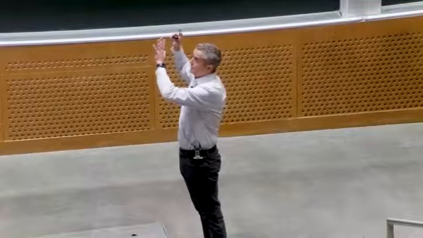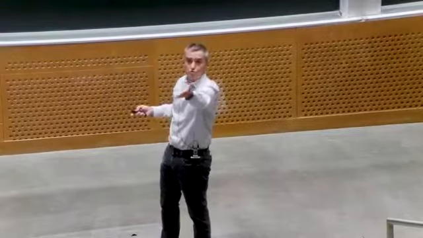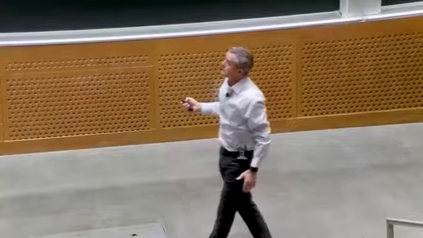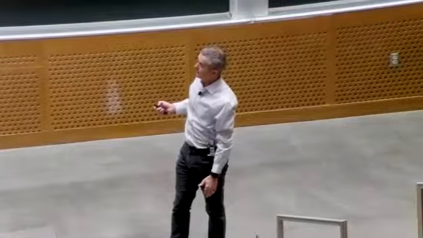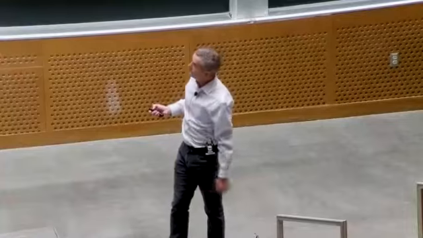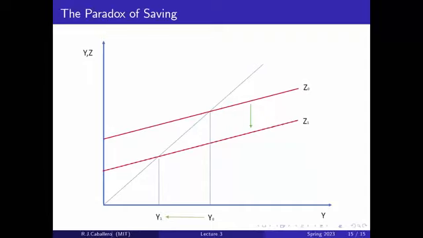I told you this way of looking at things is entirely equivalent to what we had already done. So I can also represent that in the space of output and aggregate demand. A reduction in C0 would lead to a decline in aggregate demand, and then through the multiplier, a larger decline in output.